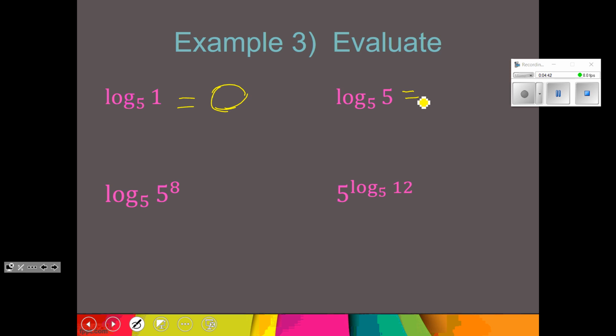Anything that is raised to the 1st power. The bases match here and the bases match there, so the bases can cancel, and it just equals 8. Same thing here. You have a log within an exponential, and the bases match, so they will cancel, and it'll equal 12.